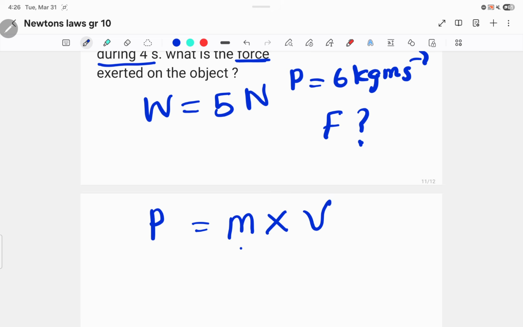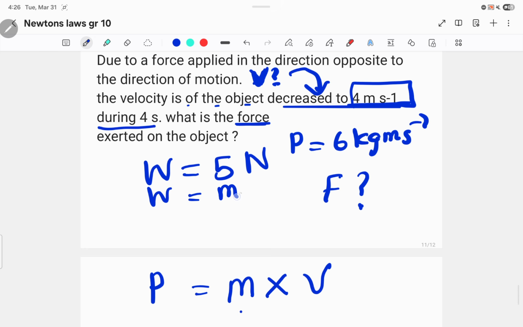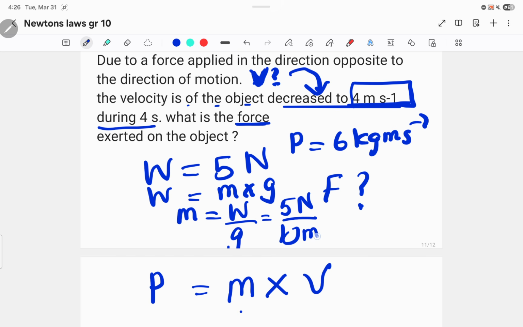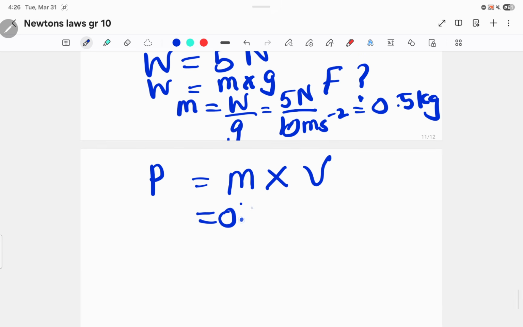Do we know the mass? But they gave the weight, right? Weight equals mass into gravity. So to find the mass, weight should be divided by gravity. Weight is 5 Newton, gravity is 10 meters per square second. So the answer is 0.5 kg.